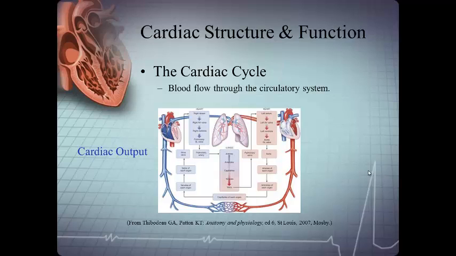So if it was determined necessary to measure the cardiac output of a patient's heart, where do you think we might perform that task? The correct answer is in the right side of the heart, because that is where all of the blood is received. And then it continues on into the lungs.